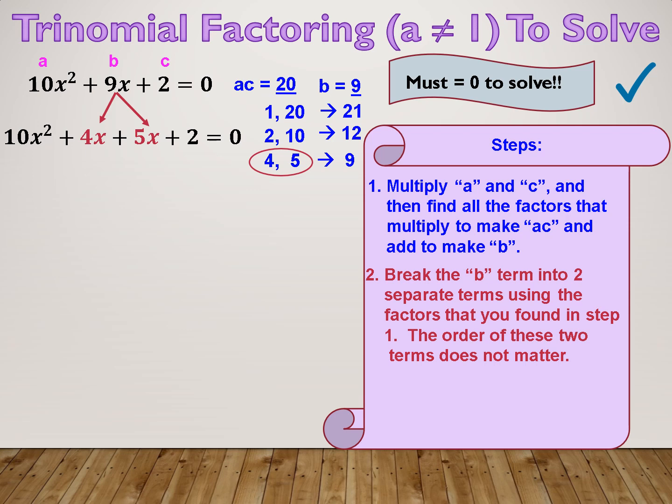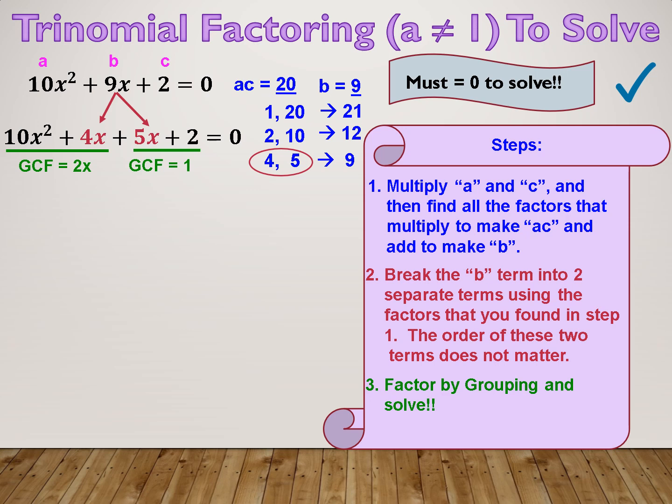Okay, so now look, I'm back at 4 terms. I can do factor by grouping. So I'm going to underline the first 2 terms, underline the last 2 terms, and then I'm going to factor out the GCF. The GCF of 10x squared and 4x is 2x. The GCF of 5x and 2 is 1.